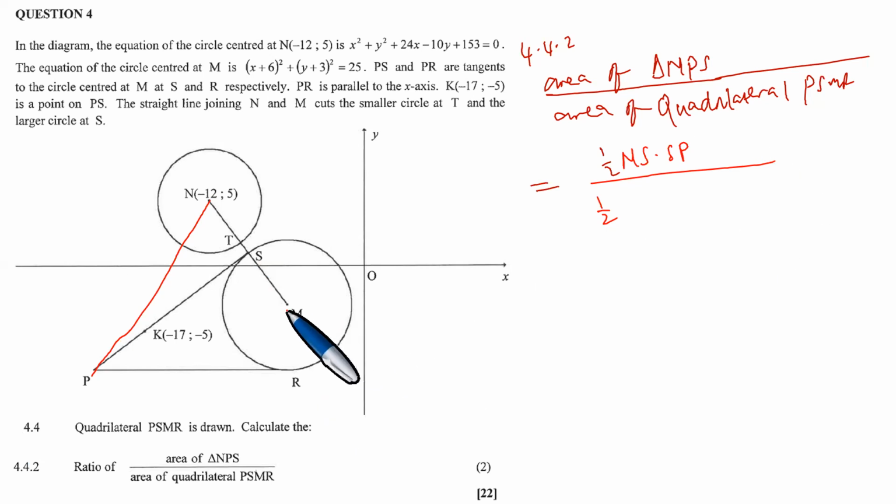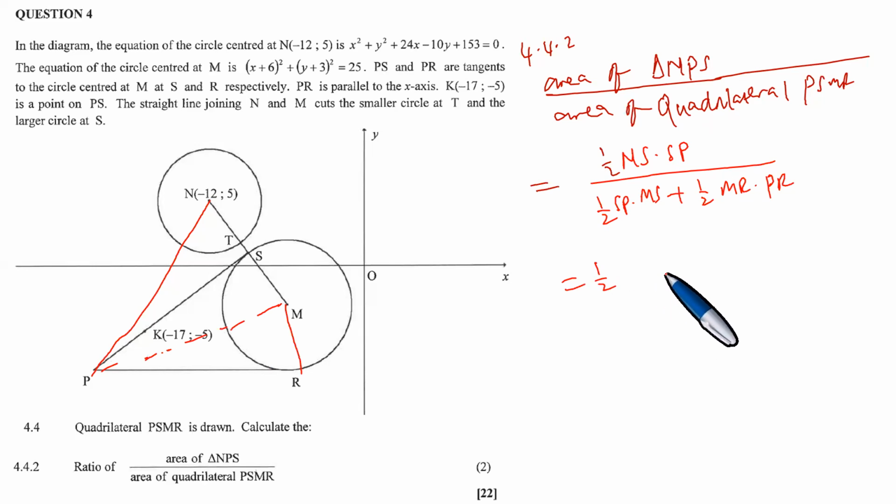All right. So now we have the quadrilateral PSMR. If you look at the quadrilateral PSMR, you can have the two triangles here. SP and MS, MR, PR.